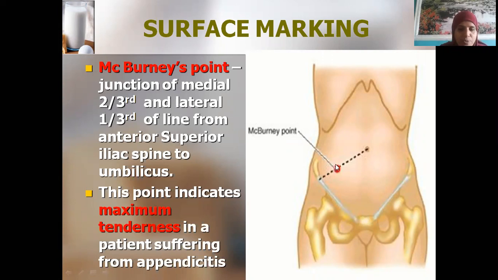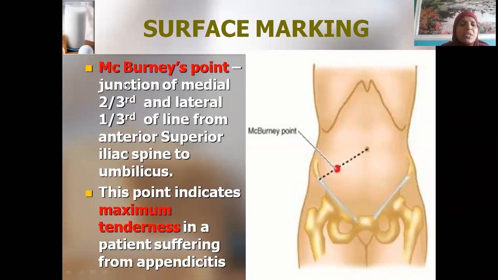So when the patient comes to you, you just need to palpate here, and if the person is kinking with pain, if he is not letting you touch at all, such severe pain, then you can think it may be a case of appendicitis. And of course, we always have to go with further investigations. This is only a preliminary thing with which we can start.